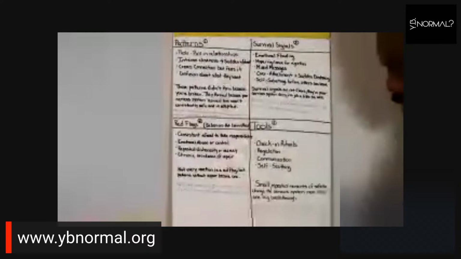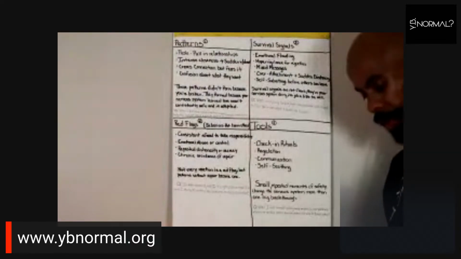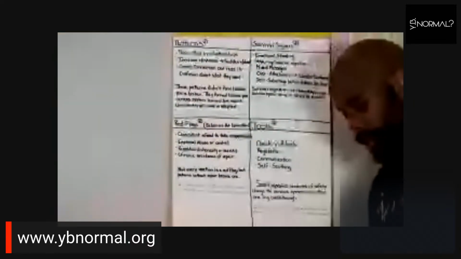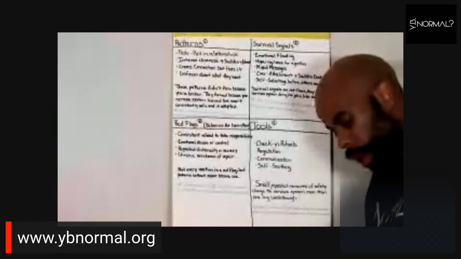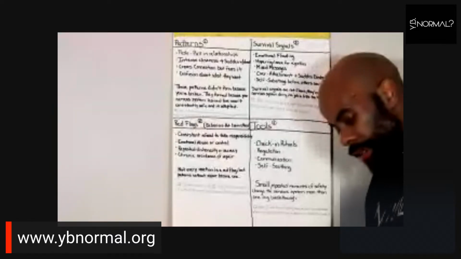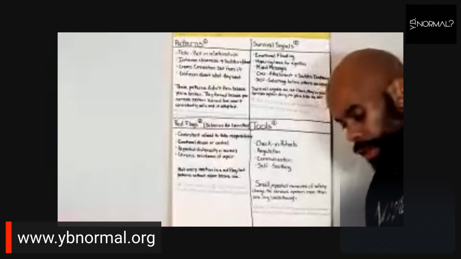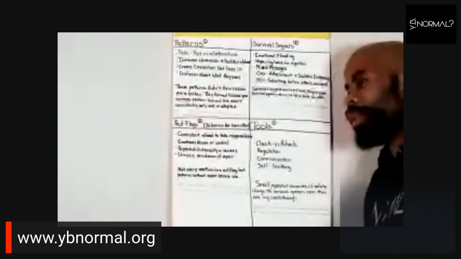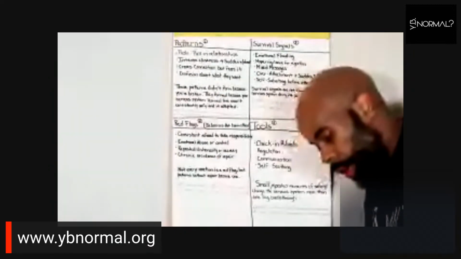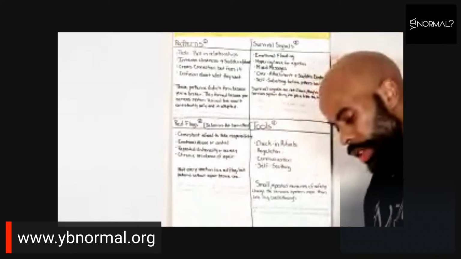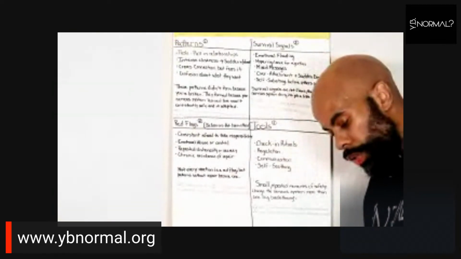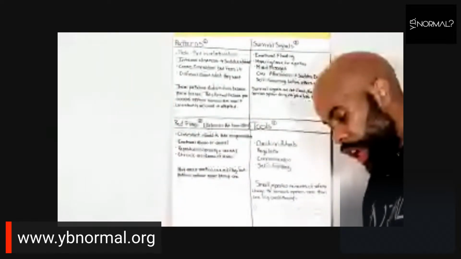Craves connection but fears it. Connection feels like home and a threat. Love is associated with pain, inconsistency, or loss. So desire and fear are fused together. Right. So the internal experience for a fearful avoidant is longing for intimacy, distrusting it once it's offered, feeling shame for needing people.